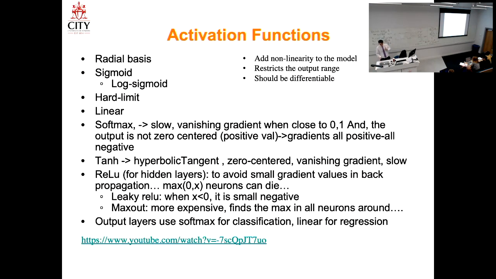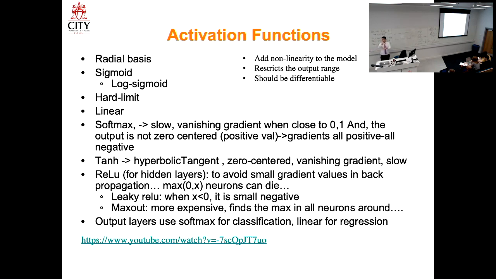So, I have 4 or 5 slides which are very important. You have to know them. One of them is about the activation functions. Once the convolution mask is applied on your image, the results go through an activation function. We have talked about this before, right?